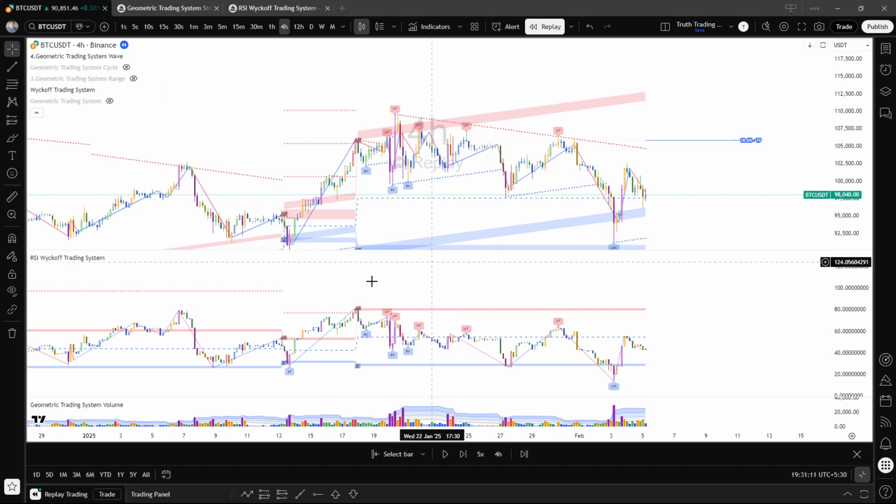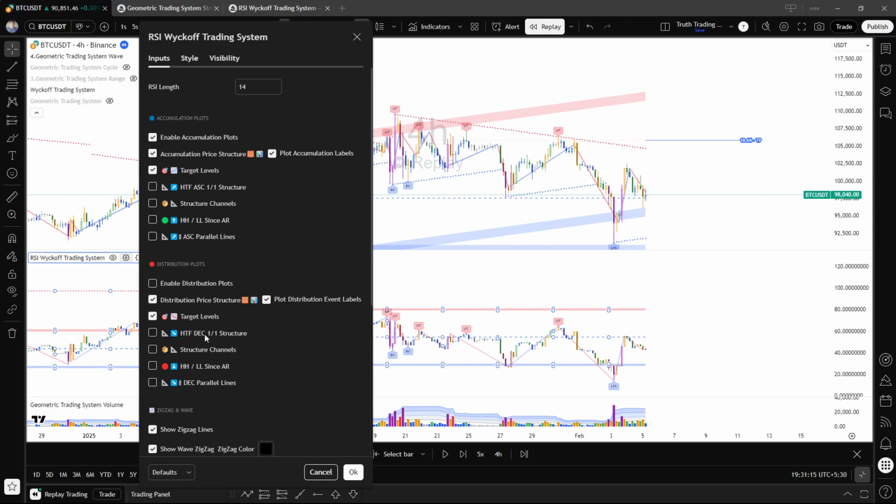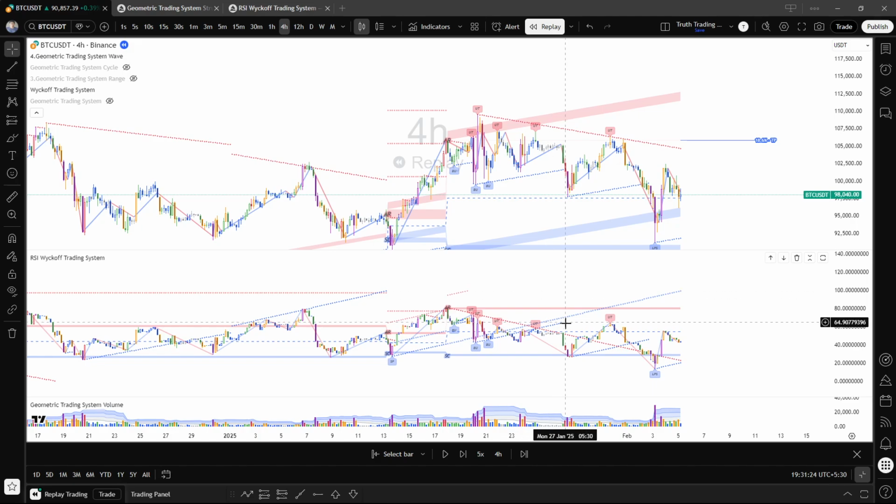Okay. I can do the same here too. So yeah, I can come here, do that, do that. Okay. You see, this trend line was coming way down here, and it was very overbought, right?